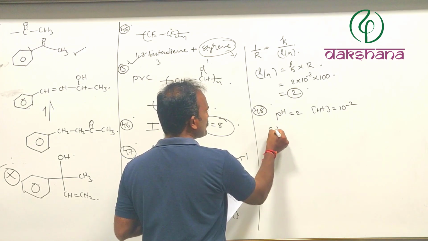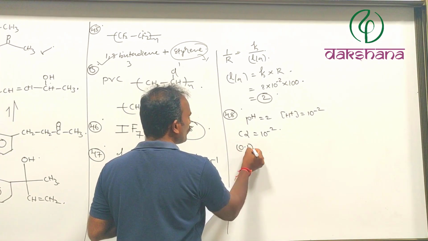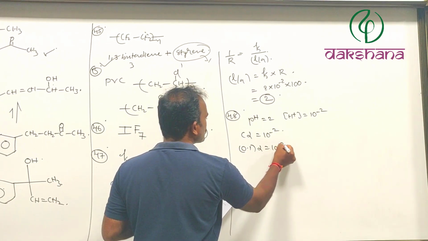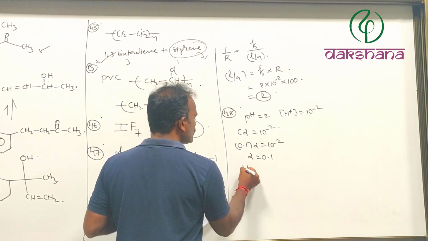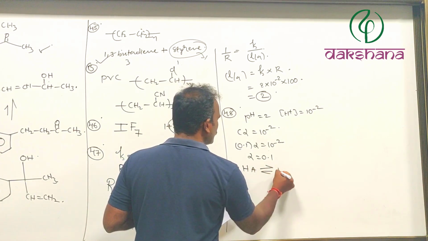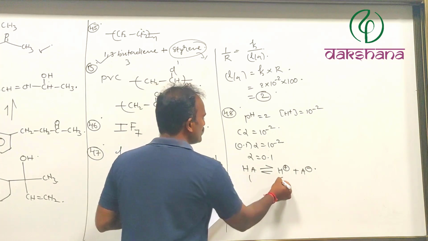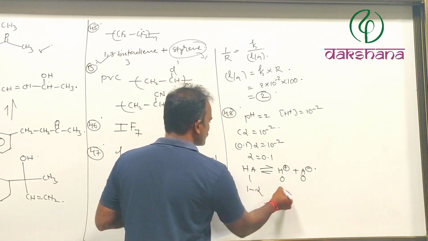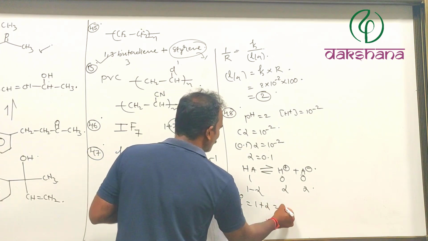So C alpha is equal to 10 power minus 2, 0.1 alpha is equal to 10 power minus 2, alpha is equal to 0.1. Now HA will dissociate to H plus plus A minus. 1 0 0, 1 minus alpha, alpha alpha, i is equal to 1 plus alpha, therefore 1.1.